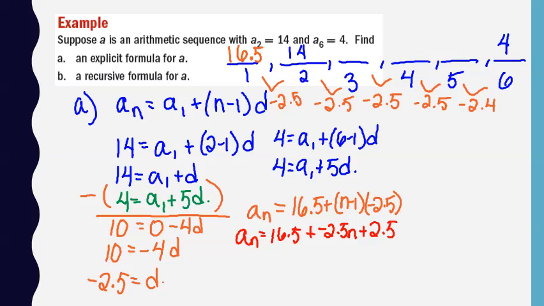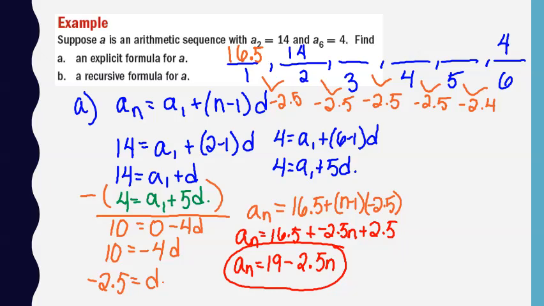Combining my like terms, 16.5 and 2.5 gives me 19, so a sub n is equal to 19 minus 2.5 times n. That would be our explicit formula, and we could check our work by plugging in 2 and 6 for n and making sure we get out 14 and 4 as our answers.